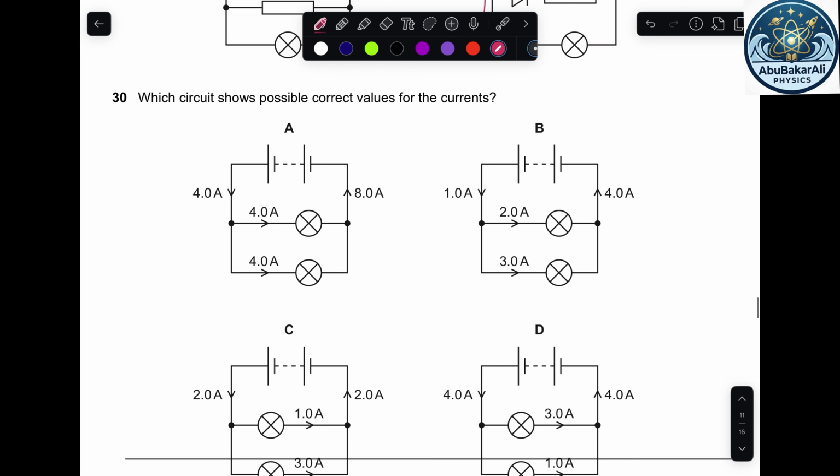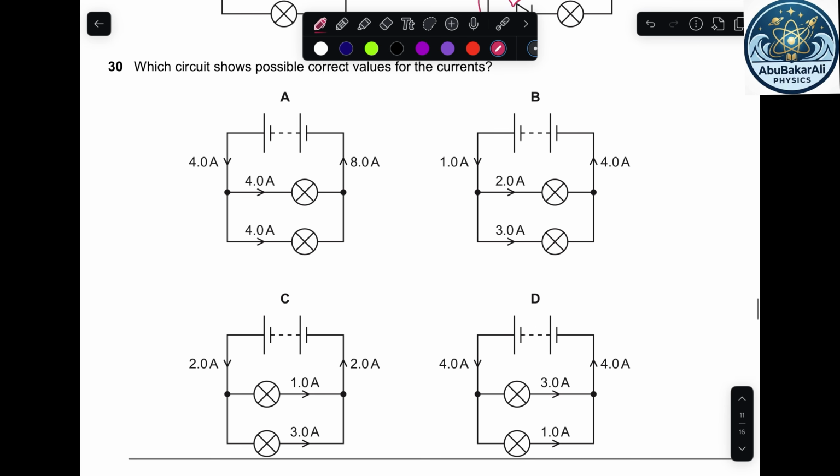Which circuit shows possible correct values for the current? Okay, so if you see the total current coming from the battery is 4, so the same current should reach the battery as well. The total current coming out of the battery should be equal to the total current coming towards the battery, so that is wrong.